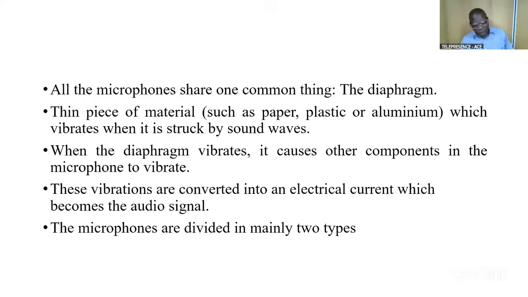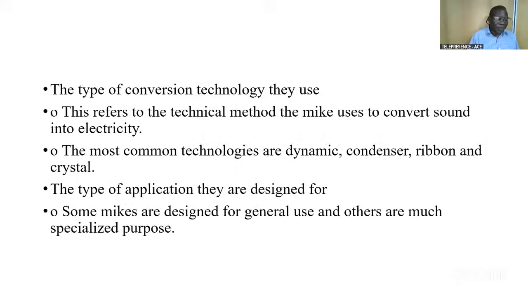Microphones are divided into mainly two types. The type of conversion technology they use is what makes the difference. This differs by the technical method the mic uses to convert sound to electricity.